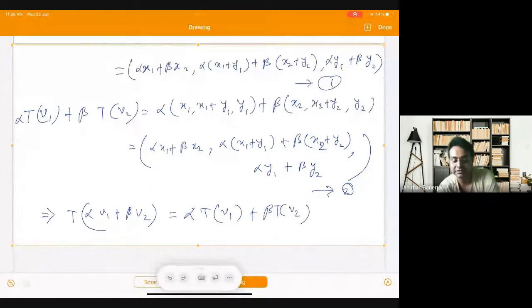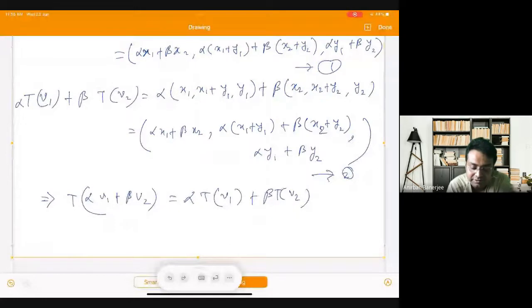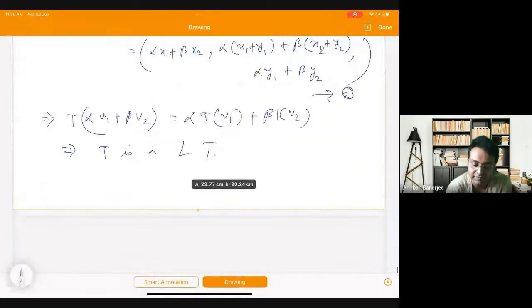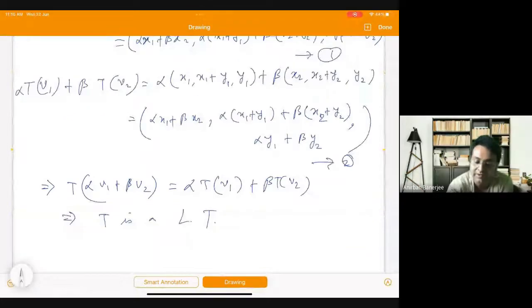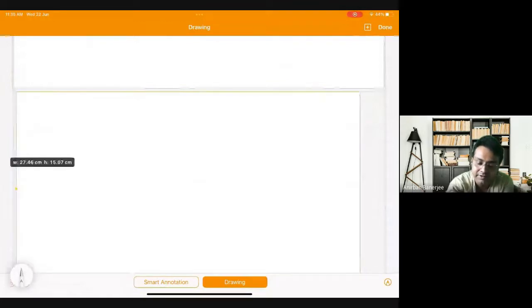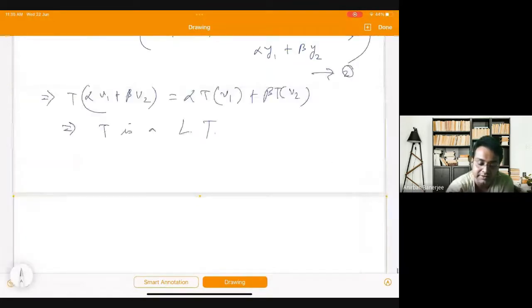So that's why T is a linear transformation. Okay, is it clear? I'll take another example.